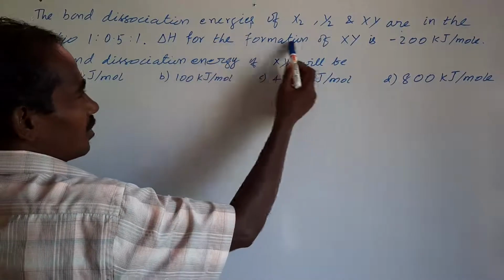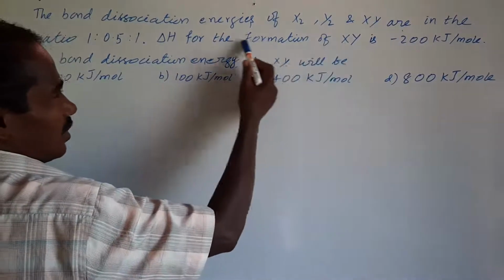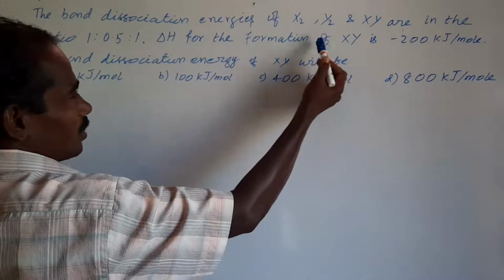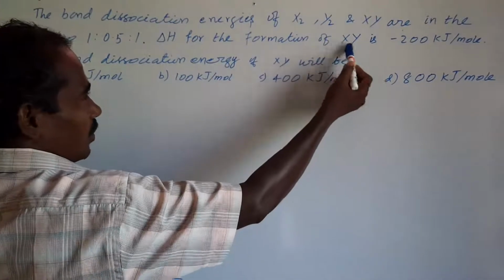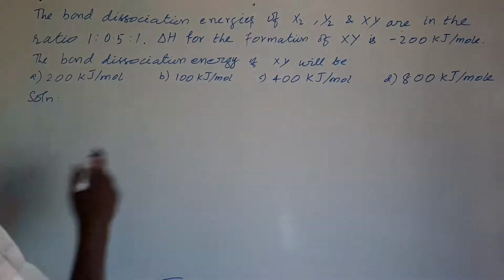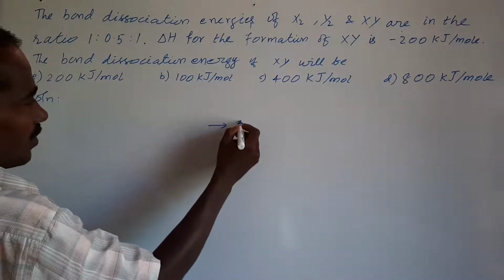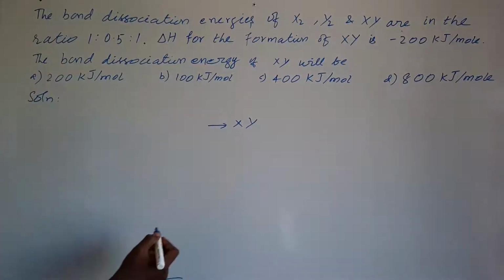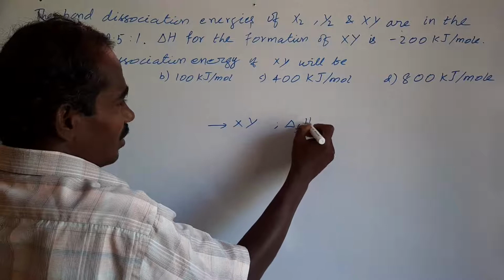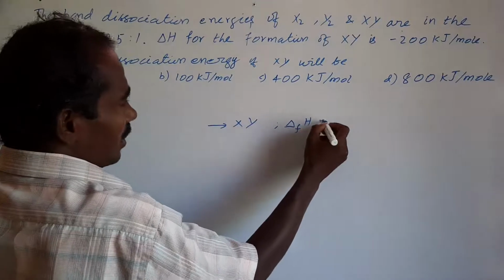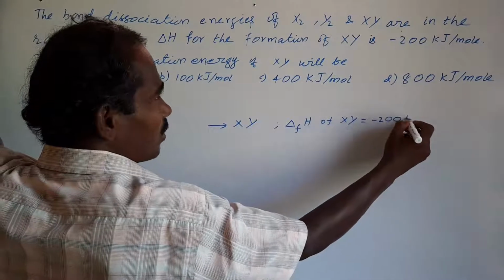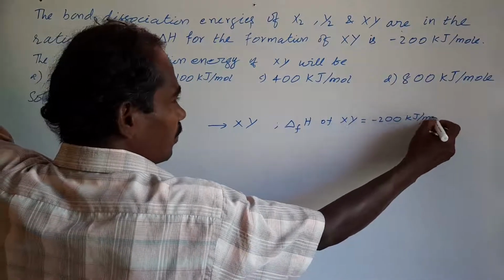So XY is the product. For this they said delta Hf, enthalpy of formation of XY. Enthalpy of formation of XY is given as minus 200 kilojoule per mole.